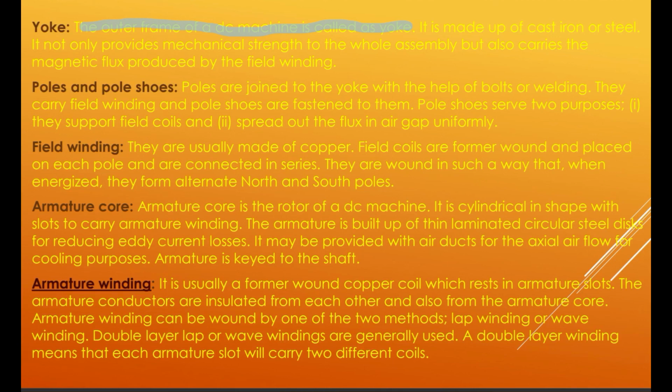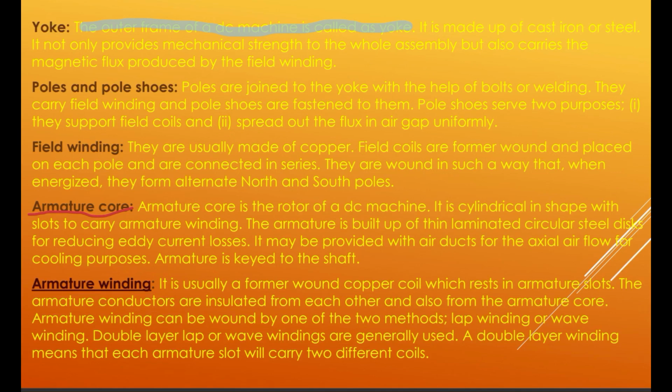The field winding is usually made of copper. Field coils are former wound and placed on each pole, and are connected in series. They are wound in such a way that when energized they form alternate north and south poles. The armature core is the rotor of a DC machine.